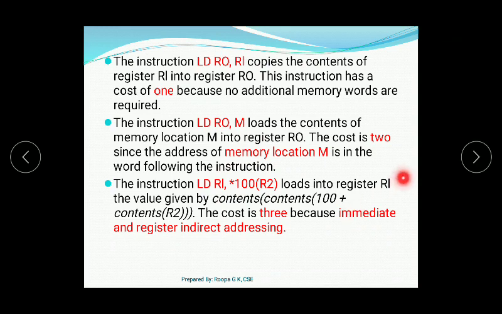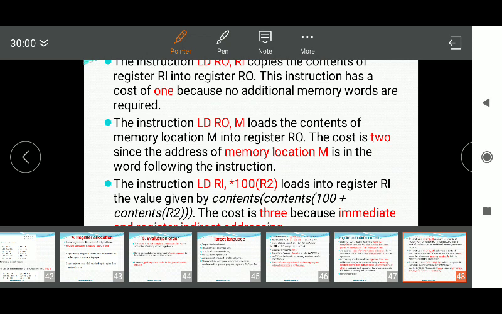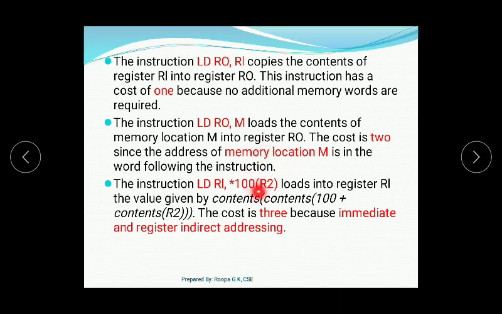If you write just a register, this is direct register addressing. If you have parentheses like this, then it is register indirect addressing. So 1 for the instruction, 1 for register indirect, and 1 for this immediate value.